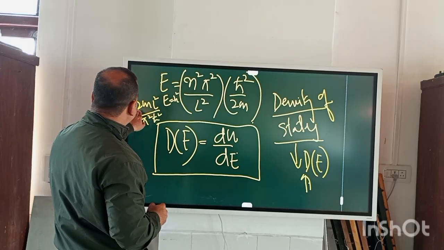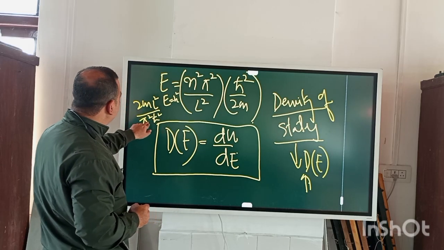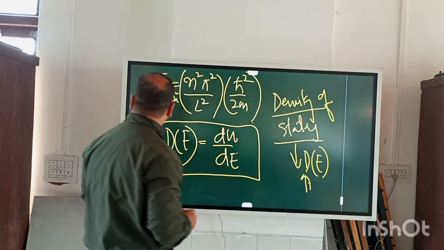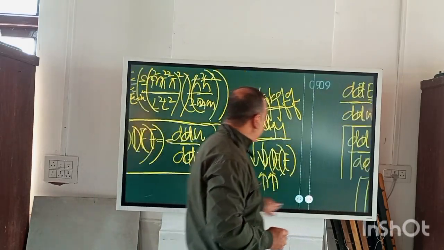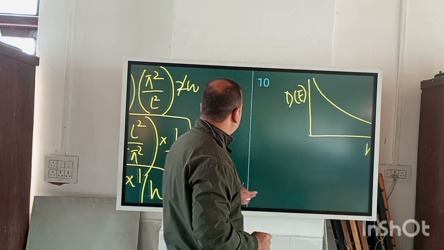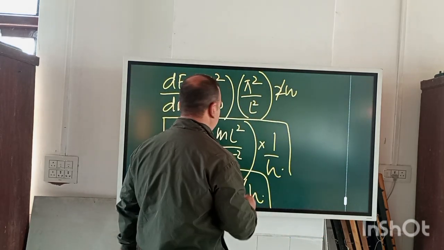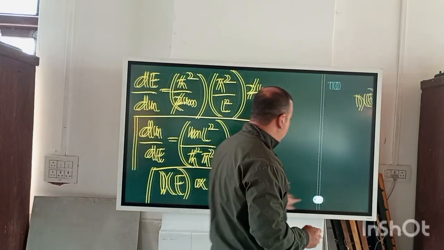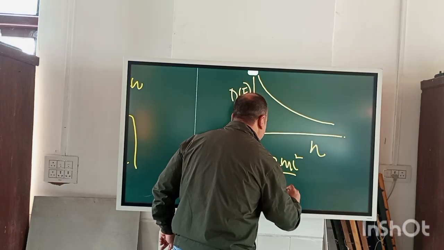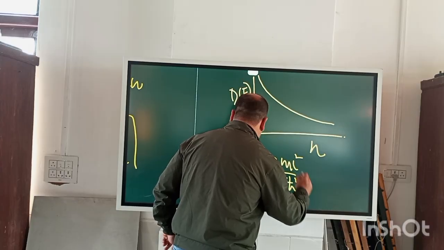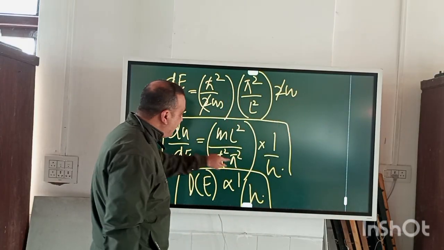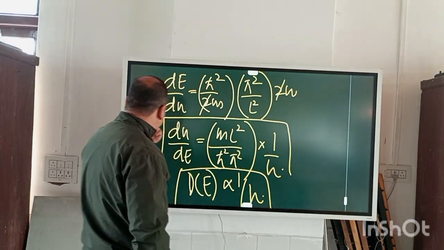So n square is 2mL square E by pi square h bar square. So this is the value of n square. But in my equation I have only n, so it will be the square root of that.